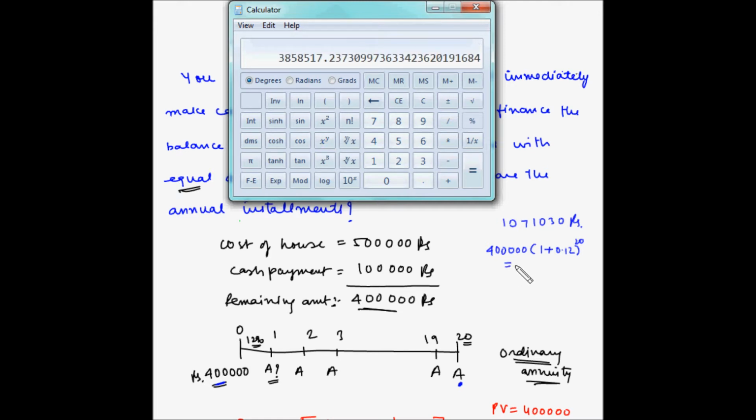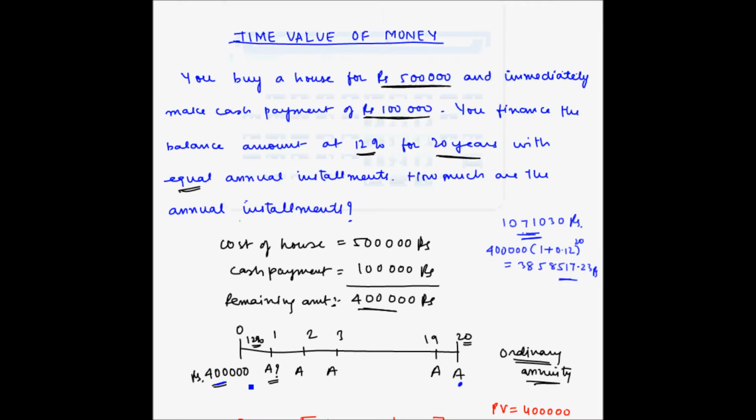So this is equal to 38 lakhs 58,517.23 rupees. So basically, if you put 4 lakh rupees in a bank today, which is giving you 12% interest per annum, at the end of 20 years, you will have 38 lakhs 58,517 rupees.